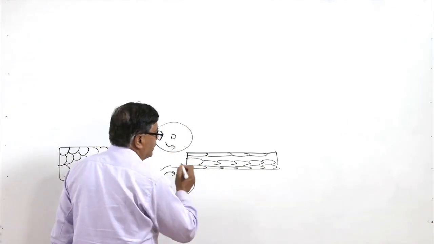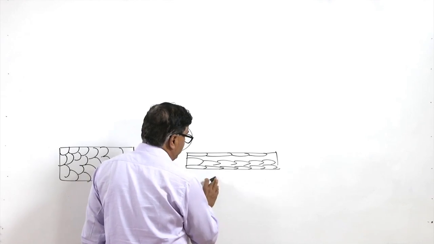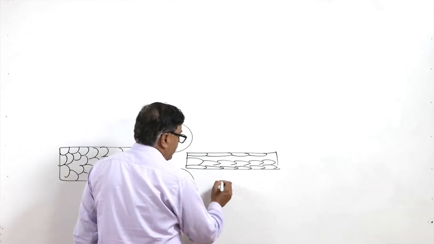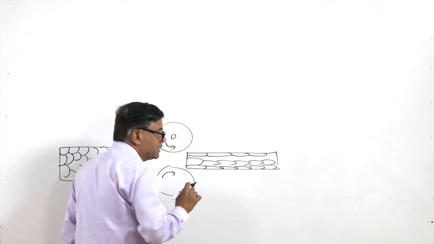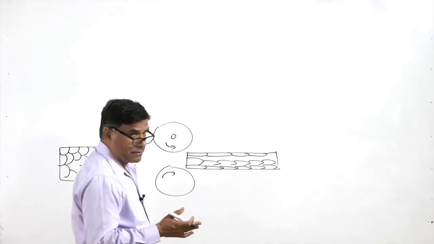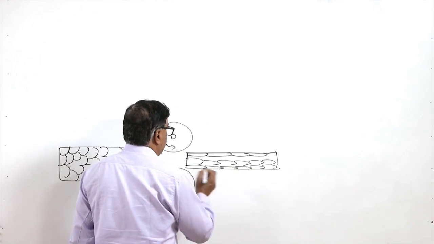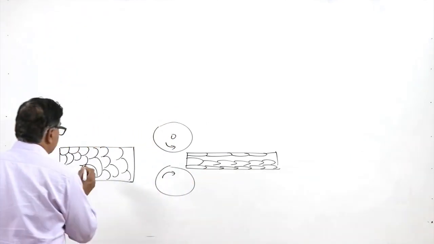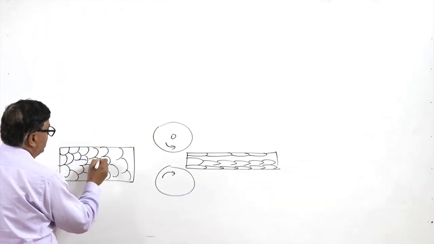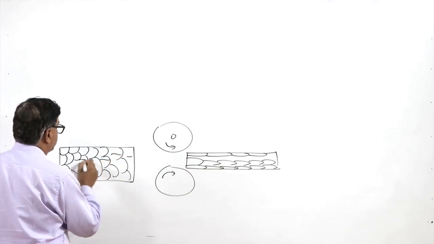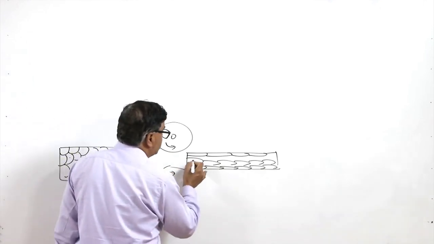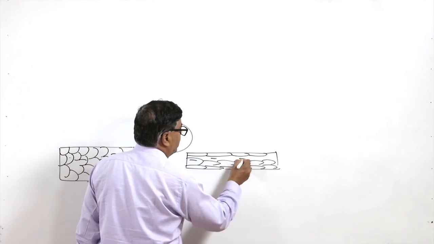This will lead to certain favorable as well as unfavorable effects. For example, if the metal initially had some inclusions and porosities, then these inclusions will be broken down.